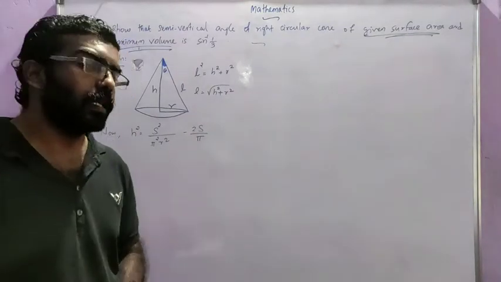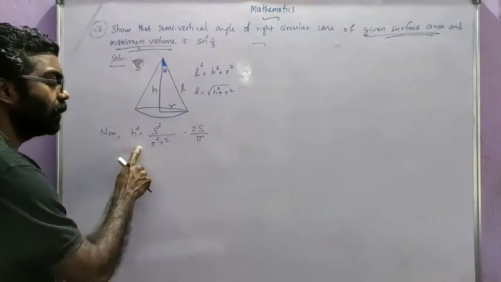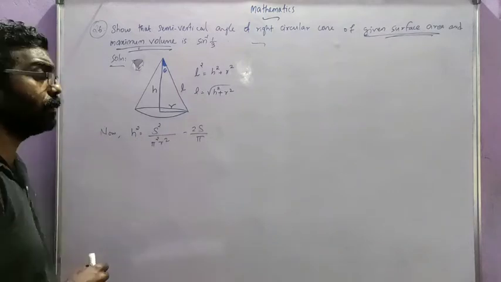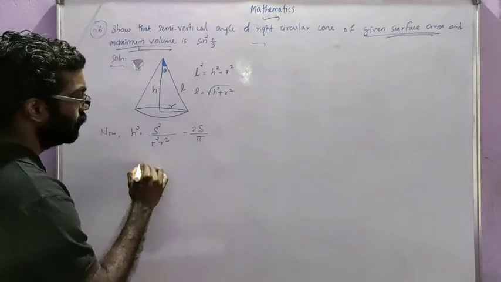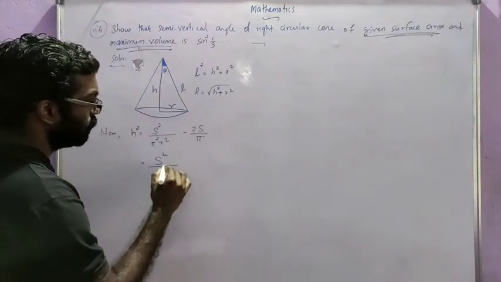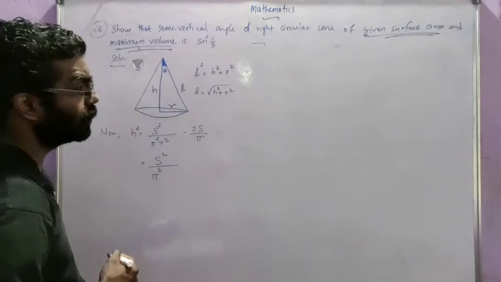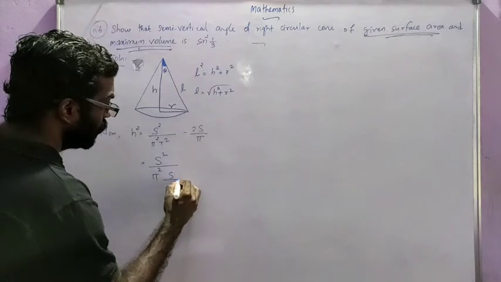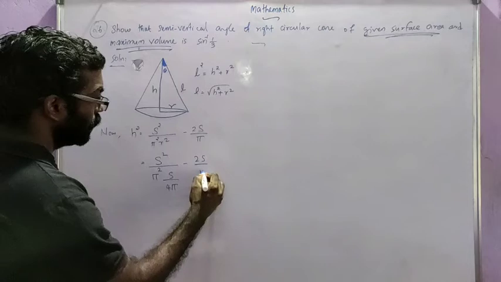We already derived a relation connecting h, s and r. h square equal to s square by pi square r square minus 2s by pi. Here we can replace the value of r square. s square divided by pi square into, r square is s by 4 pi, then minus 2s by pi.